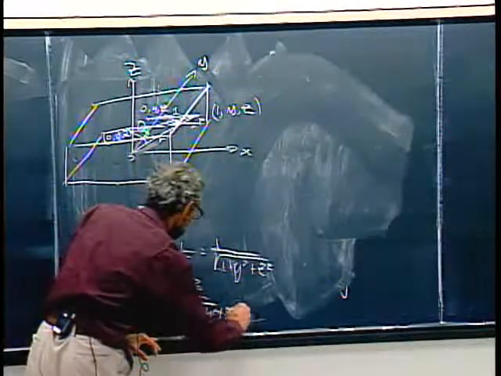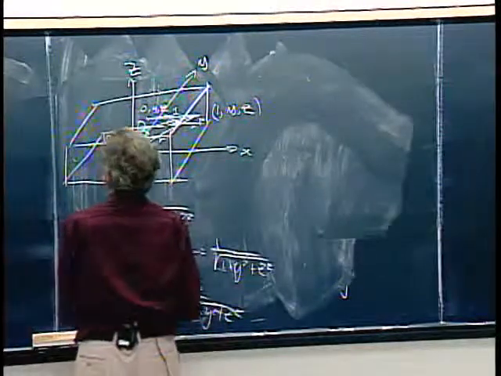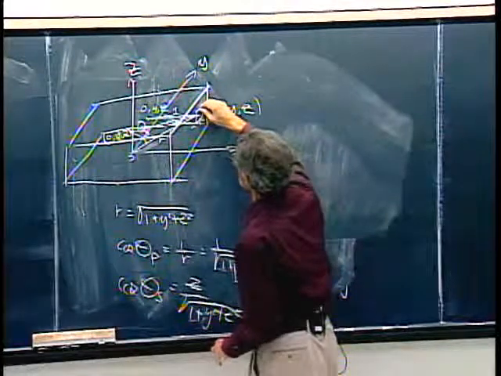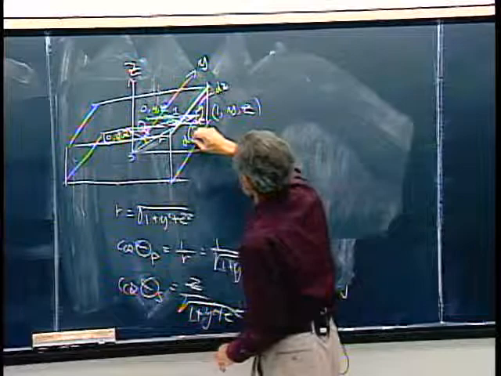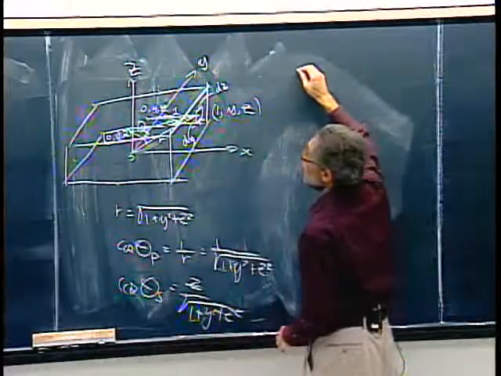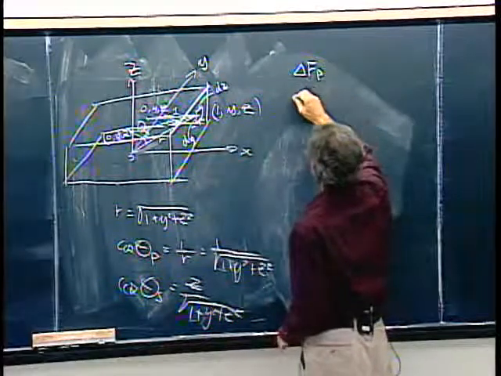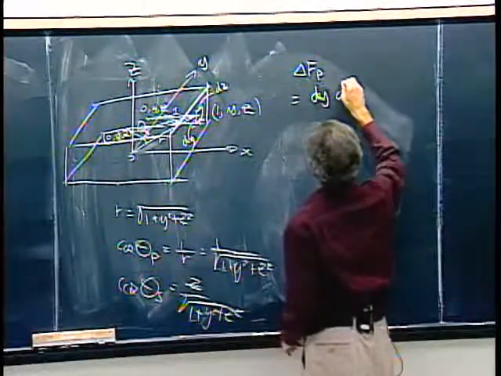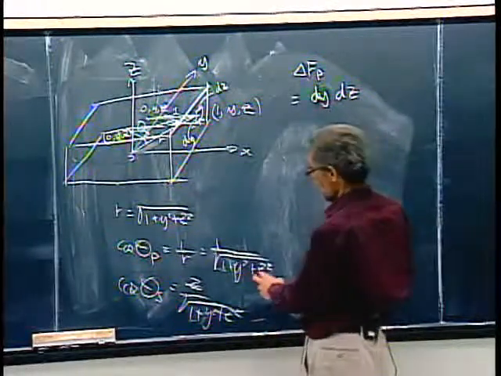And that means that if I do the same thing, now my pixel has a side dz and a side dy, and that area, so the delta form factor for this pixel is dy dz, and now I have the product of the two cosines.